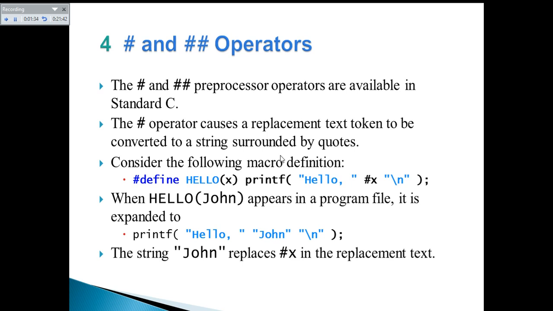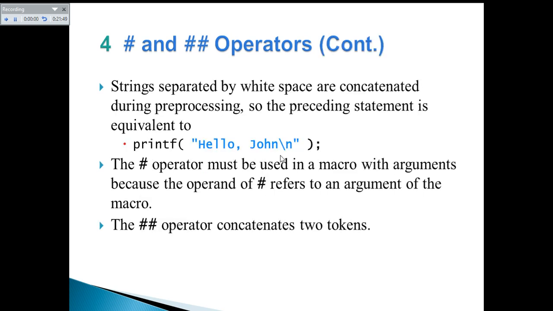So John will be substituted in place of #x. So the printf will print Hello John. Strings separated by white spaces are concatenated during pre-processing, so the preceding statement is equivalent to printf("Hello, John\n"). So Hello John will only be printed.